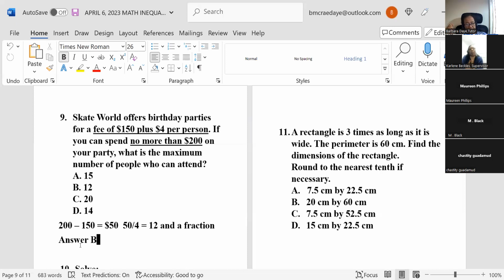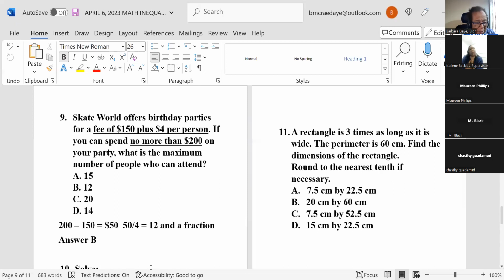But that's fixed, and it looks like that fee is not based on the number of people. You're going to pay it whether you have 50 people or 100 people, or less or more. They may have another fee, but the fee they're saying is $150, and the variable is the $4 a person.